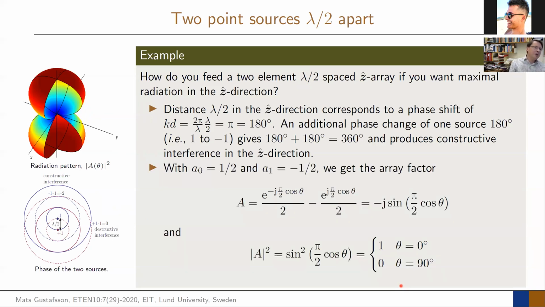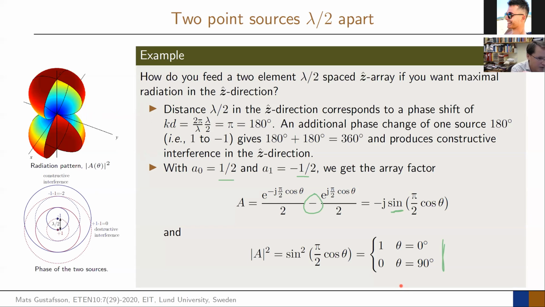And of course I can calculate it. So if I pick these elements now, one as +0.5, one as -0.5, exactly what I had before, but now with a minus sign between them. And the minus sign there changes cosine to sine when you add up these exponents. So this is sine of pi over 2 cosine theta. And if you look at the values there, you can see straight up, it's equal to 1.